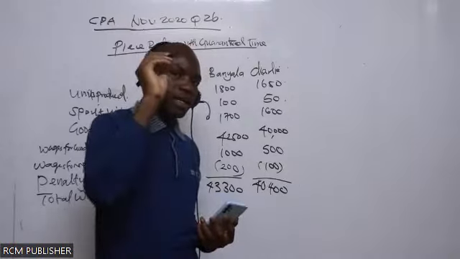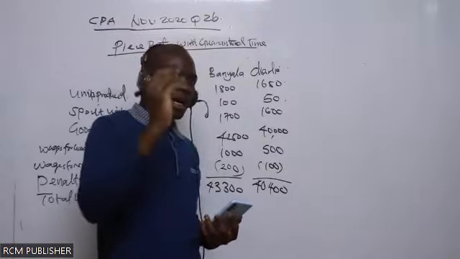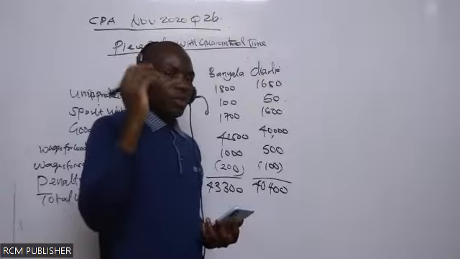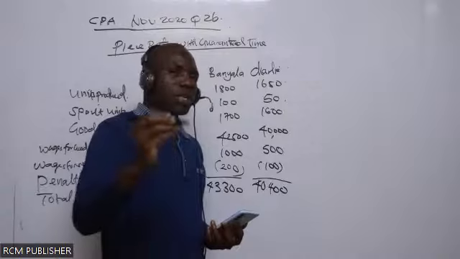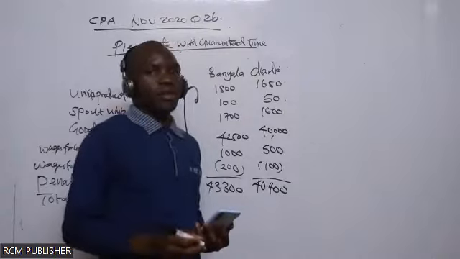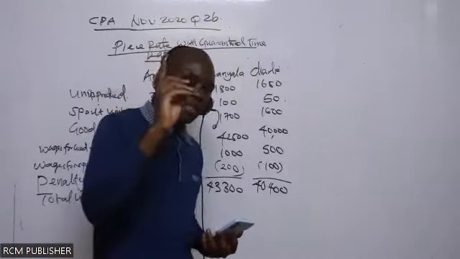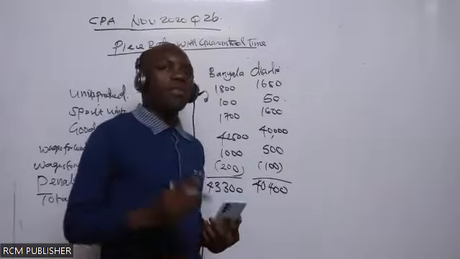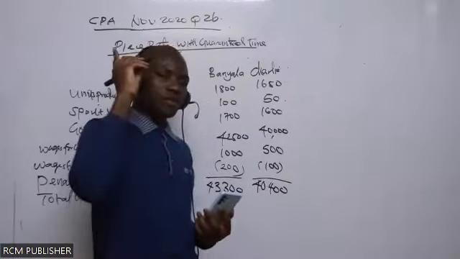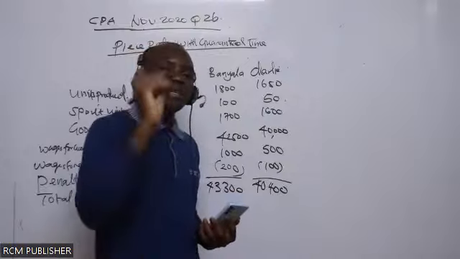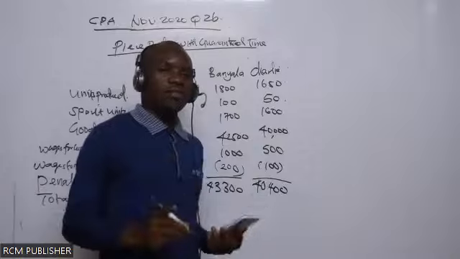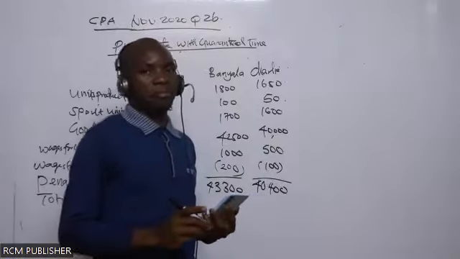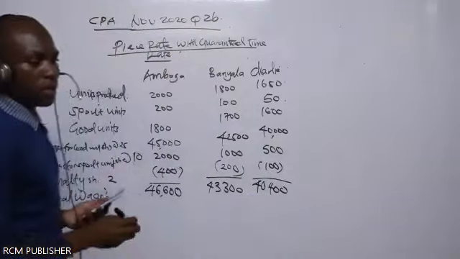The minimum guaranteed wage for each month is 8,000. Even if you are supposed to be given 500 shillings, they will not pay you 500. They will give you 8,000 because it is the minimum guaranteed amount that each person should receive at any given time.